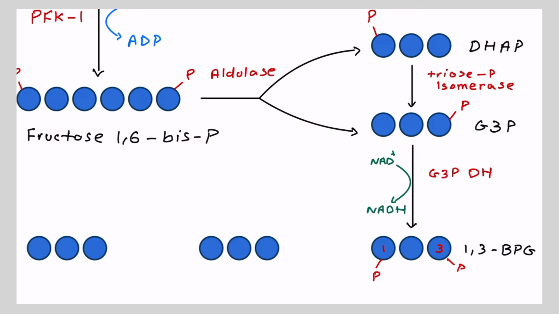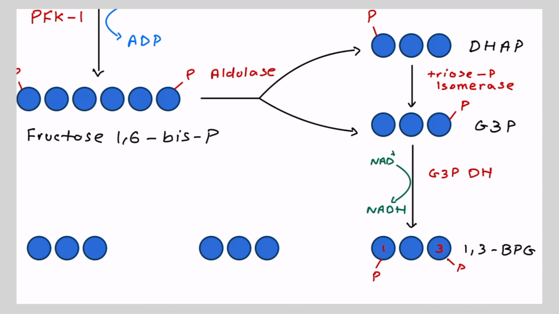So in this reaction, glyceraldehyde 3-phosphate is getting oxidized, which means it's losing electrons, and these electrons are going to the NAD+, which is getting reduced, meaning it's gaining electrons. And this electron is going to convert NAD+ into NADH.